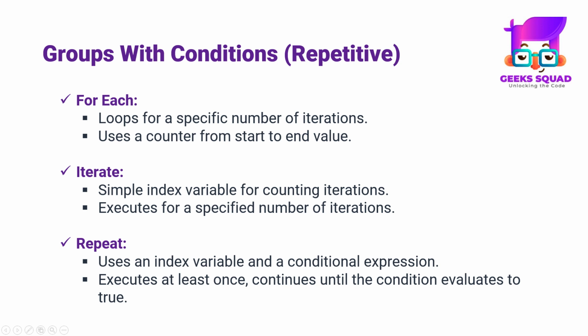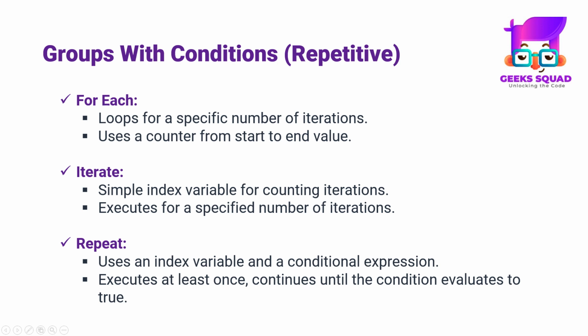Now let's shift our focus to groups with condition, also known as repetitive groups. The first in this category is the for each loop. It enables looping for a specific number of iterations using a counter that ranges from a start value to an end value.